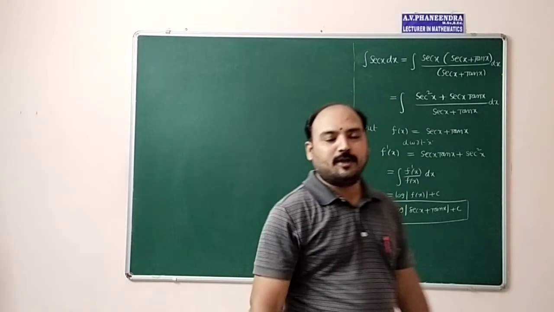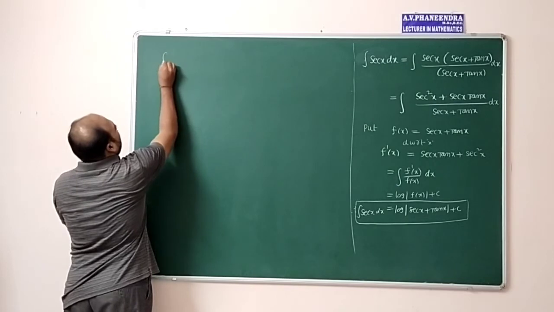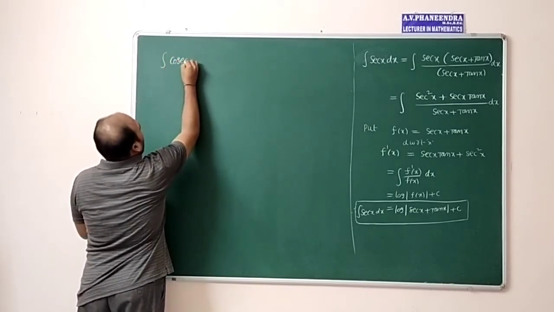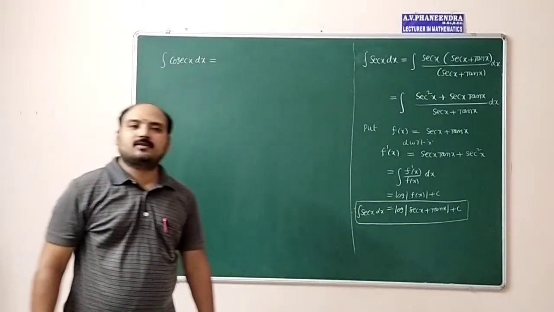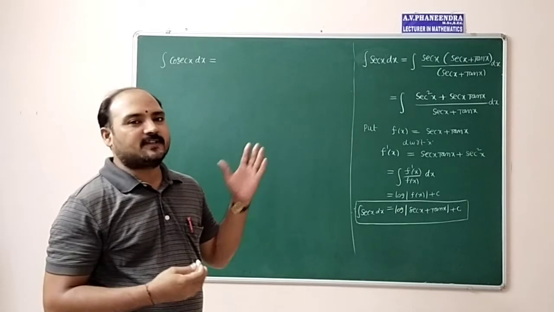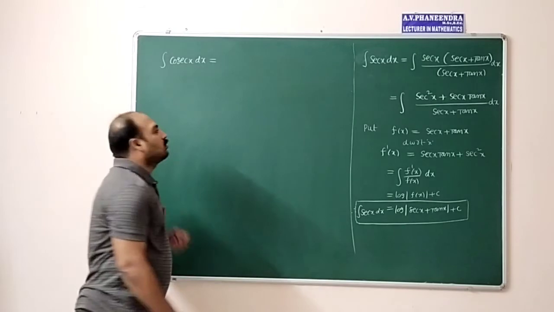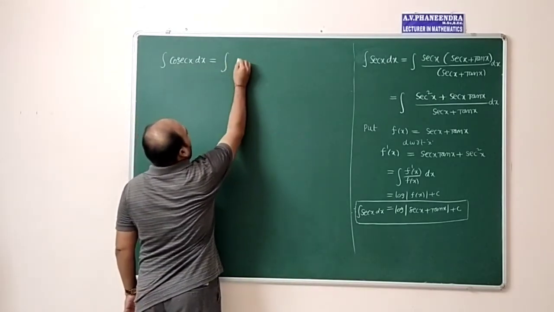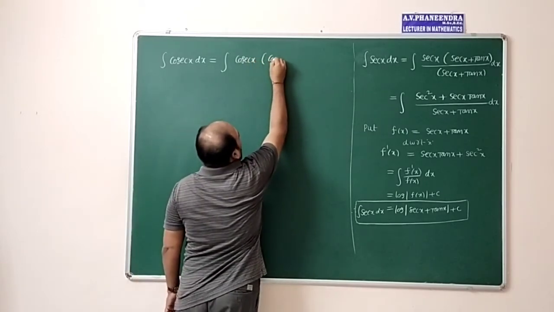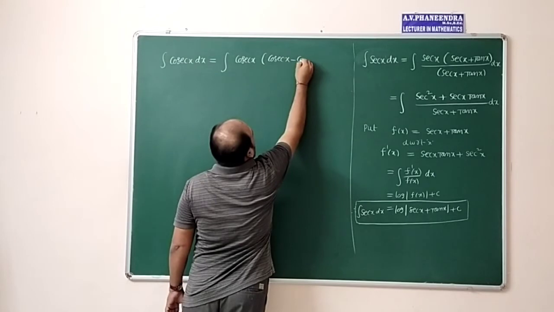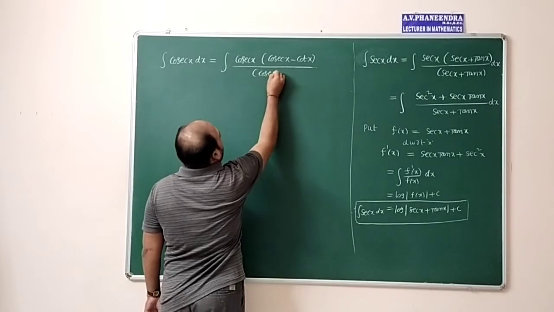Next result, important. Next example for result 1: integral cosecant x dx. For this, whenever cosecant x is there, multiply and divide by cosecant x minus cot x. Integral cosecant x into cosecant x minus cot x, whole divided by cosecant x minus cot x.